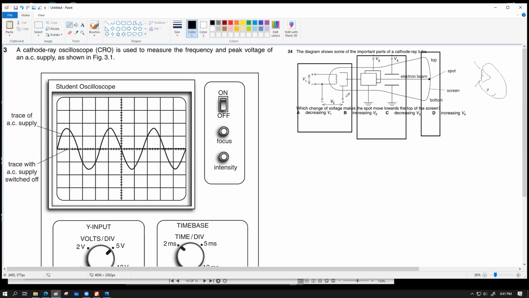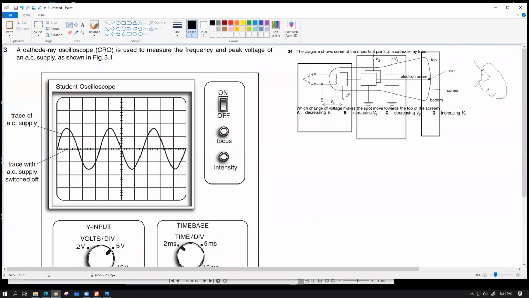The two axes, x-axis and y-axis, for a CRO have two exclusive names. The vertical axis is called the Y gain and the horizontal axis is called time base. And yes, you have to remember these two words.